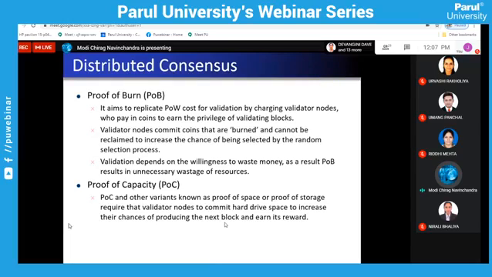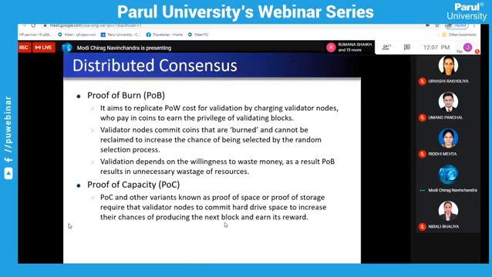In proof of capacity, instead of spending computational effort or coins, whichever nodes have large storage space, those nodes should be allowed, because if the storage space is less, then they cannot maintain the blockchain, because blockchain is a database, so they cannot maintain it for a longer duration.